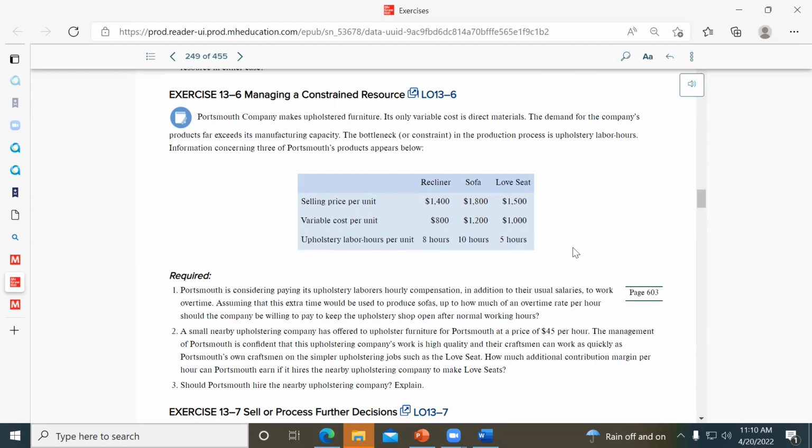Portsmouth is considering paying its upholstery laborers hourly compensation in addition to their usual salaries to work overtime. Assuming that this extra time would be used to produce sofas, up to how much of an overtime rate per hour should the company be willing to pay to keep the upholstery shop open after normal working hours? For just sofas here.